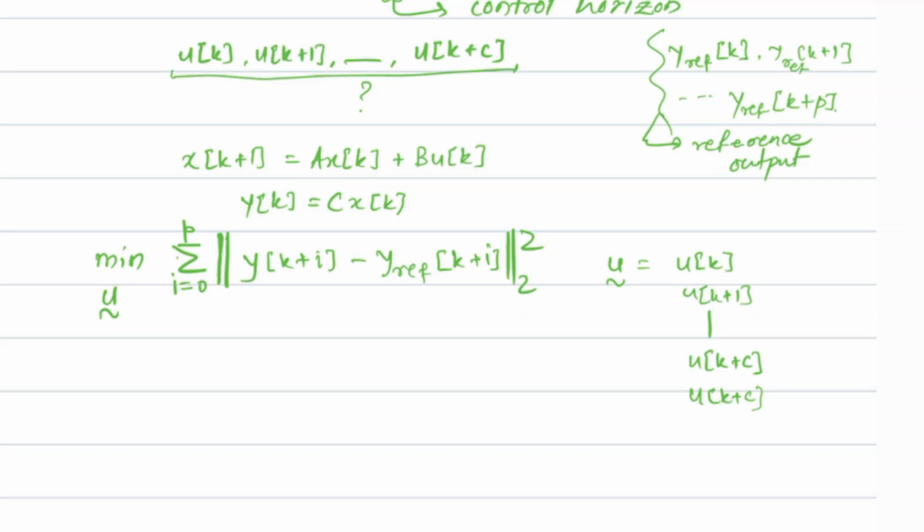So you say, I want to reach somewhere, say y ref, in 5 time steps. I am going to plan my next 3 moves and I'll hold my third move constant so that I reach where I want to go. So this is up to prediction horizon, and this is up to control horizon.